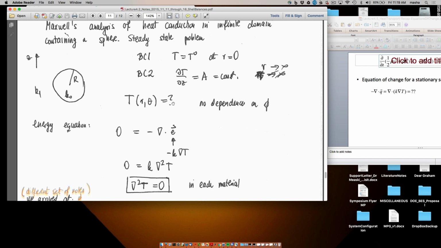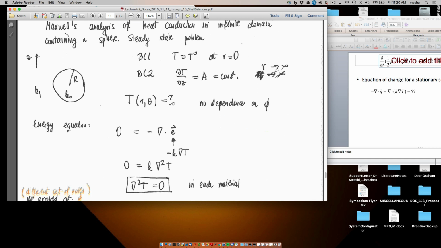If I have a general form of a solution, that general form will have different coefficients within materials of different thermal conductivity. This is a classical thing for steady state problems of composite materials.